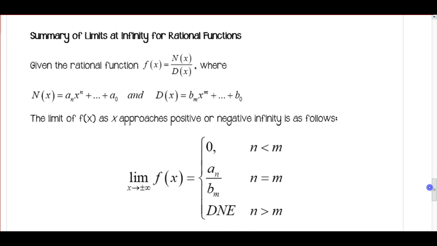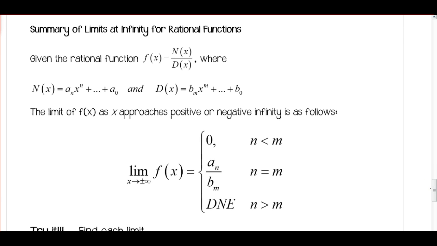So a little summary here. Given the rational function f of x is equal to n of x over d of x, where these are just two polynomial functions, the limit of f of x as x approaches positive or negative infinity is going to be as follows. So if n is less than m, that's like example A, our limit is going to be 0.